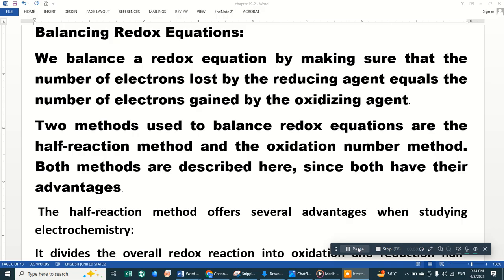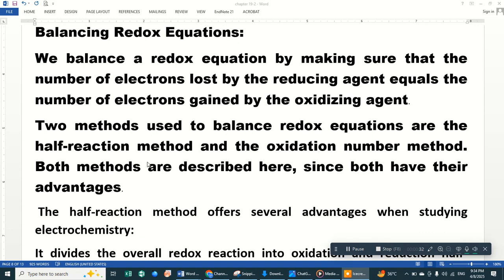Today we will discuss the balancing of redox equations. There are basically two methods to balance redox equations. One method is the half reaction method, the other is the oxidation number method. But in this video we will discuss only the half reaction method.